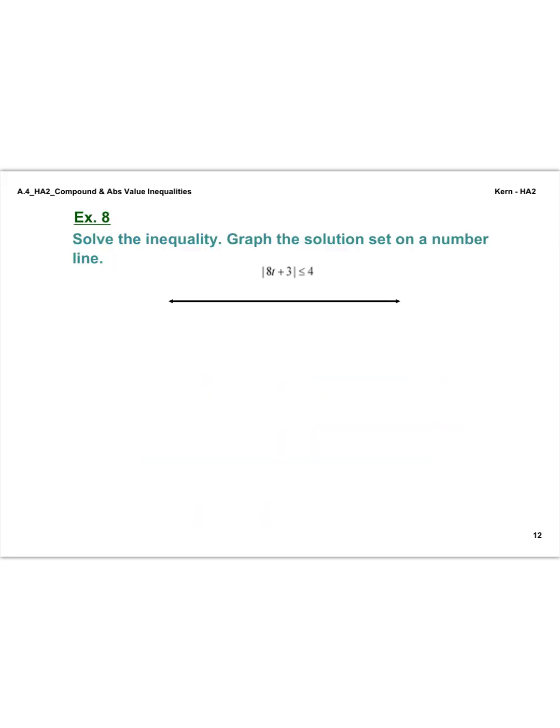All right, we got one last example here. Notice we're already isolated and we're set, it's less than, so I'm gonna do an AND problem. So here's how you set these up. Drop the bars. Okay, next thing you do is you match this sign on the other side of the bars, or like where the bars were.